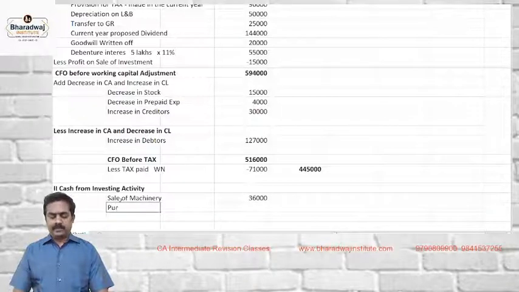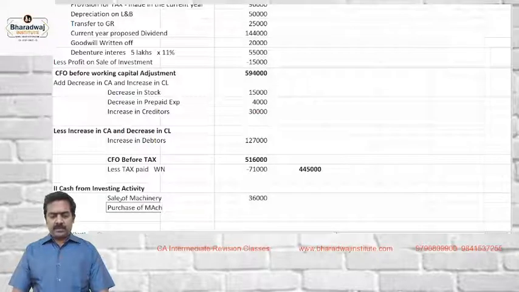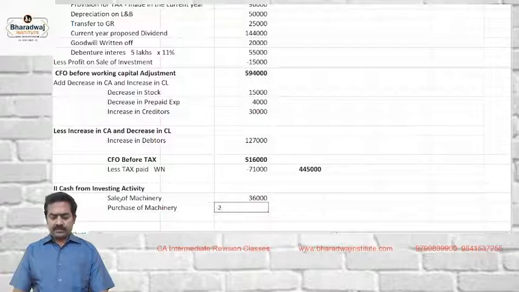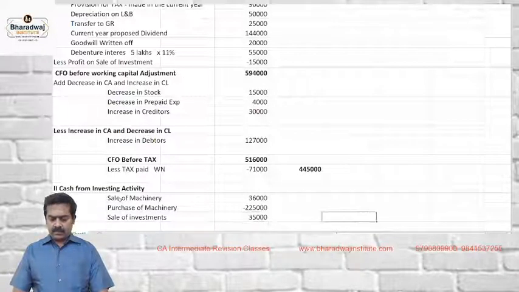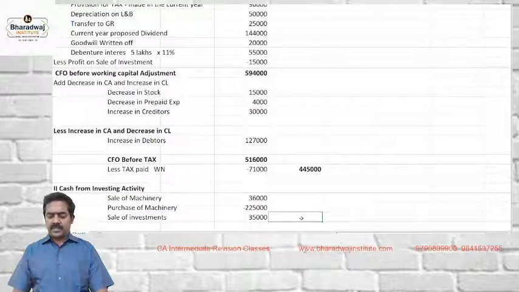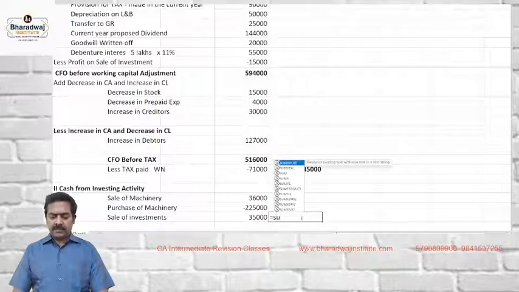Then purchase of machinery 2,25,000. Then sale of investments. Any other income from investments like dividend, interest, rent received?